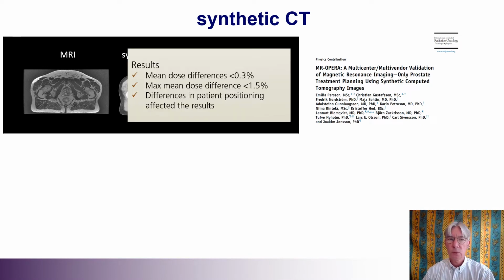There were very small dose differences between what was calculated on synthetic CT compared to CT. The main differences found were actually due to some patient positioning differences between the CT and the SCT.